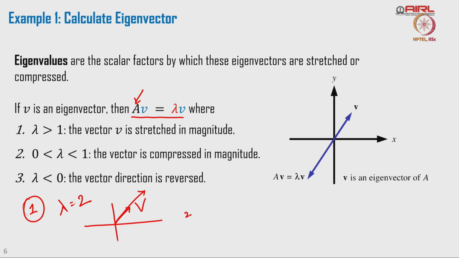Now if you look at the second case where lambda is between 0 and 1, if this is the initial vector V, the new vector will just be this part, it will just get halved. This is for lambda is half. For the third case where lambda is less than 0, the direction gets reversed, so the vector V goes in the opposite direction. Now this is lambda V, and the scaling depends on the magnitude of lambda.